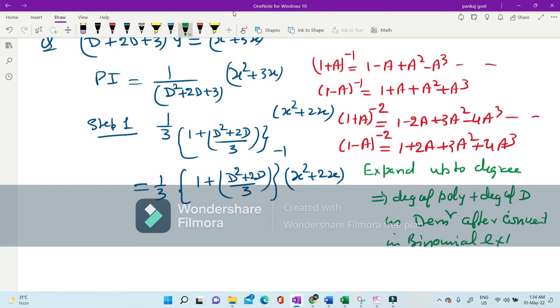Here you can see that the degree of this is 2. You can expand this up to degree 2, or term 2.